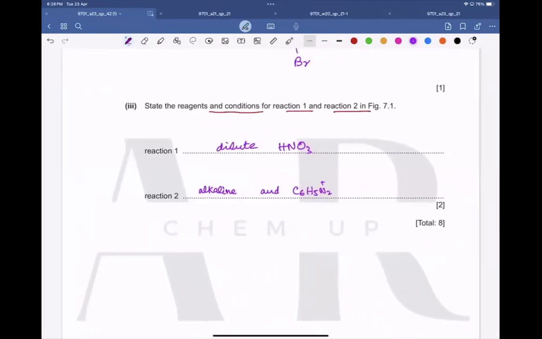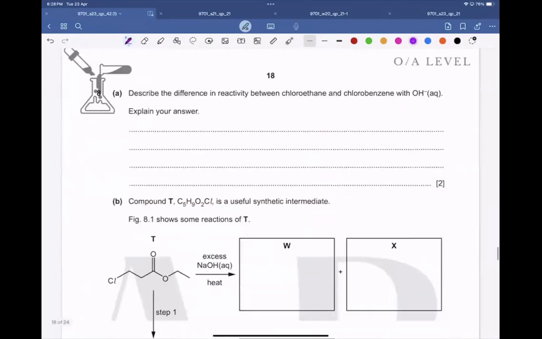Or either you can draw the whole structure like this and put a positive charge over here. Okay, so we are done with question number 7.